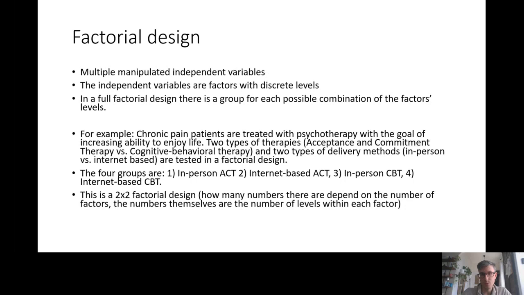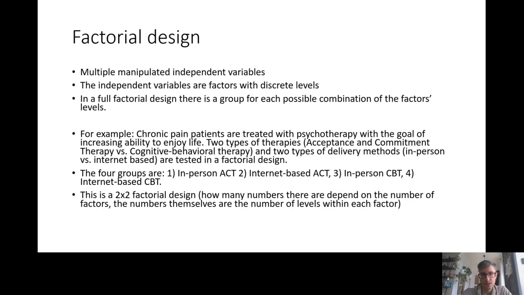One group would get in-person delivered ACT, another group would get internet-based ACT, another group would have in-person delivered CBT, and the last group would have internet-based CBT. So this way, we have covered all possible combinations of this two by two matrix. So this design is called a factorial design, the 2 by 2 factorial design.